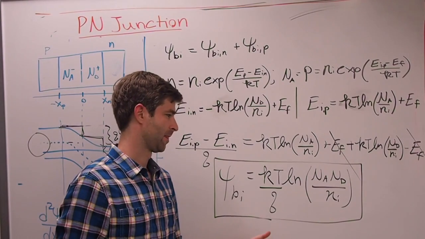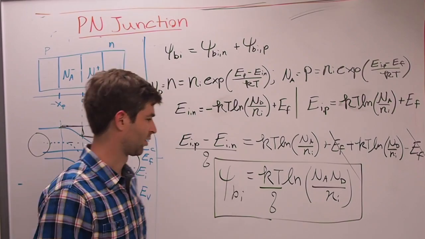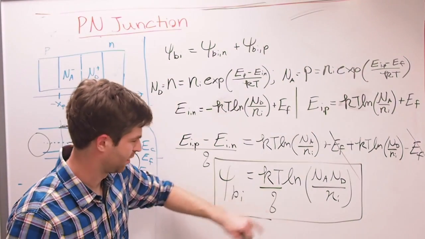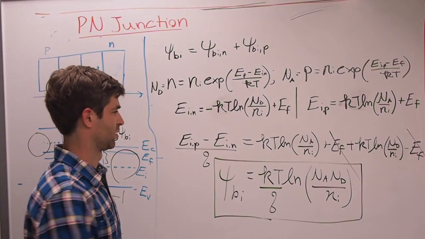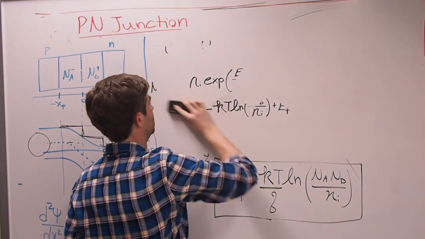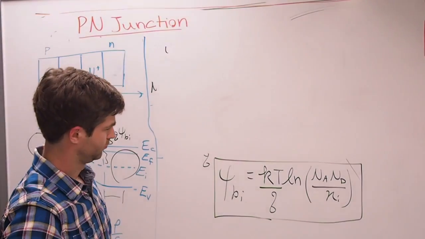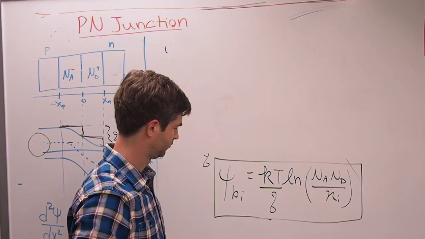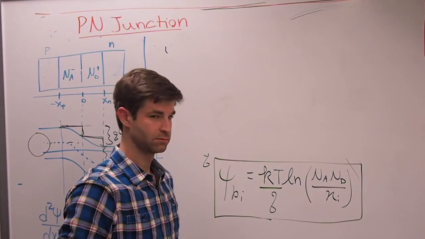So naturally, they're going to have a smaller built-in potential, right? Also, it's dependent on temperature. As temperature increases, this built-in potential is going to increase. So, yeah, that's our built-in potential. That's it.